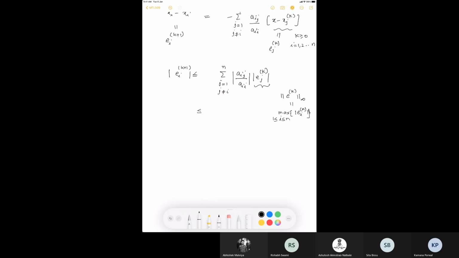So this will always be less than or equal to the elementary norm. I'm just going to use that here. So this will be less than or equal to the summation over j equals 1 to n, j not equal to i, of aij divided by aii, into the elementary norm of ek.